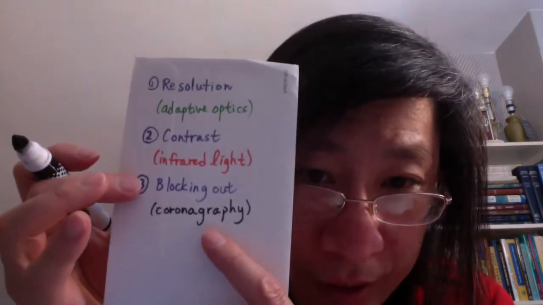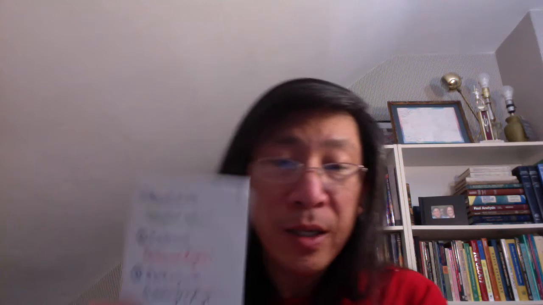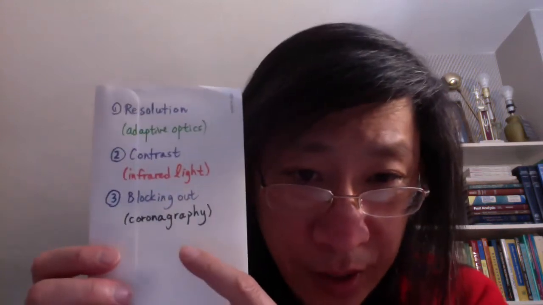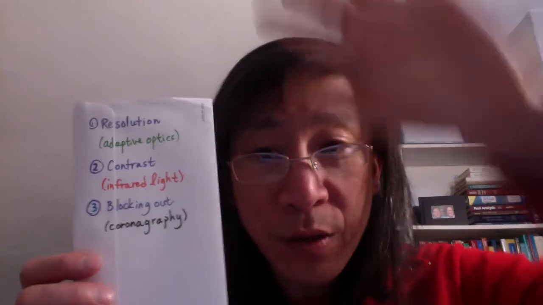C-O-R-O-N-A-G-R-A-P-H-Y. Coronagraphy. Because a corona is the crown. If you remember, we were talking about the eclipses, the stuff around the outside of a star, or the sun, for example, in our solar system, is a corona, and it has some light. And if you want to study the corona, you've got to block out the center.